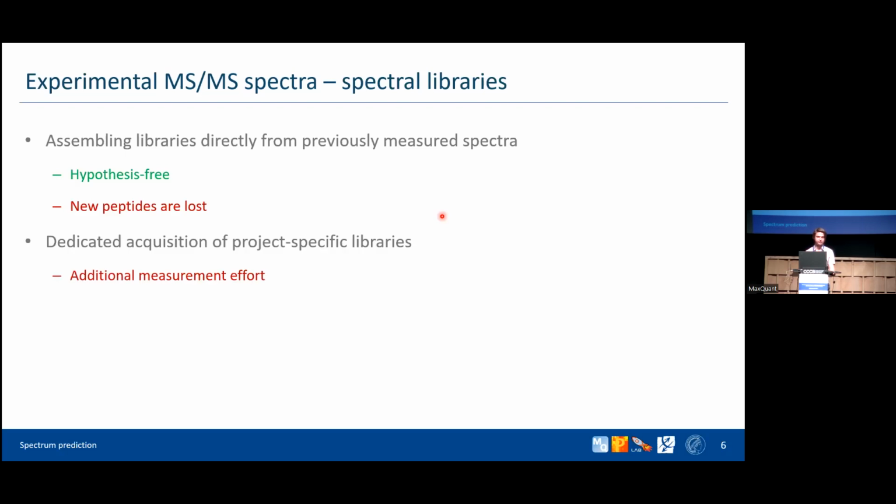So an alternative is the dedicated acquisition of project-specific libraries, and it solves the previous issue, but it adds measurement effort in our project. So we need to spend more money and more instrument time and so on. So measured libraries are used only when the benefits of increased sensitivity strongly outweigh the disadvantages of spending more resources.